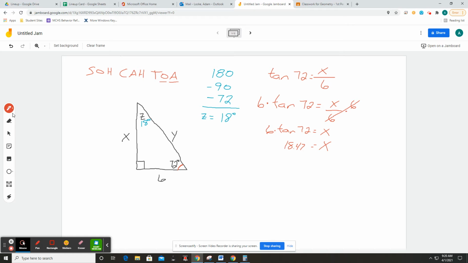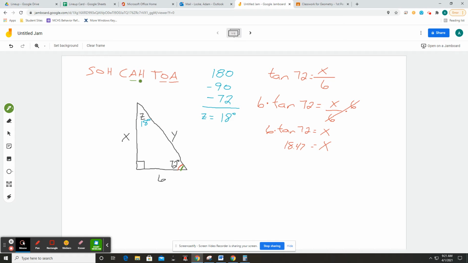Okay. And for side y, I've already found x, but I'm not going to use x to find anything else. I'm going to use, just like I did on my first one, or the second one, I guess, the numbers given. So I was given the angle of 72. 6 is the adjacent, and I'm looking for y, which is the hypotenuse.